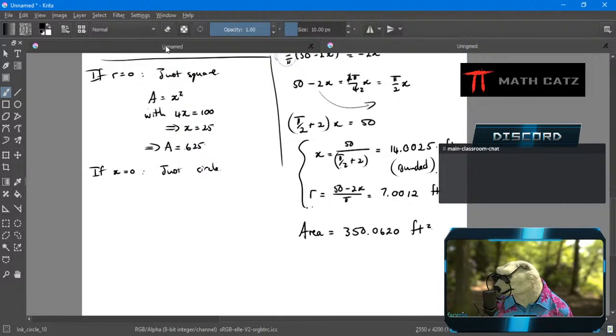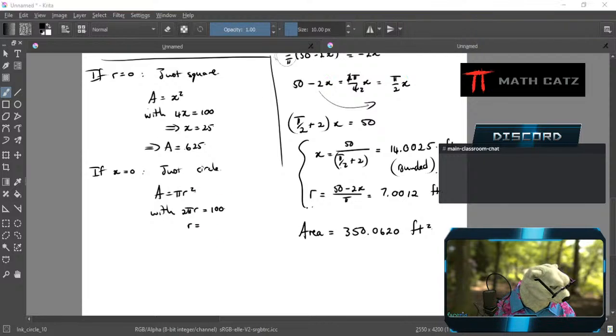625. If I have just a circle, then my area is pi r squared, with the restriction that 2 pi r equals 100. So r equals, I guess I should find out what r equals, right? 100 divided by 2 divided by pi.